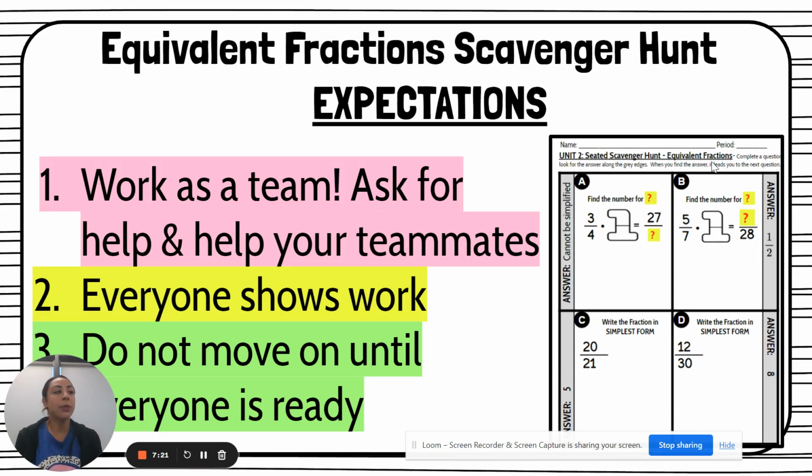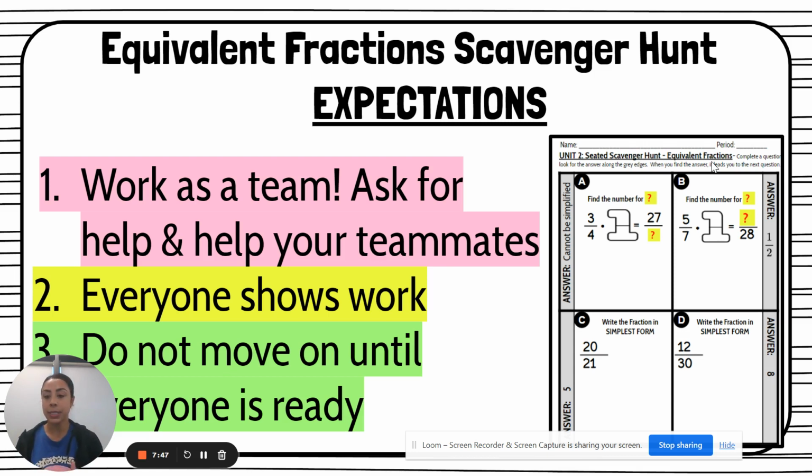What we've done with equivalent fractions so far is similar to our do now: we've multiplied by a giant 1 to create equivalent fractions. And yesterday, we also created equivalent fractions by simplifying a fraction, right? Those are the types of problems you will see on today's seated scavenger hunt.